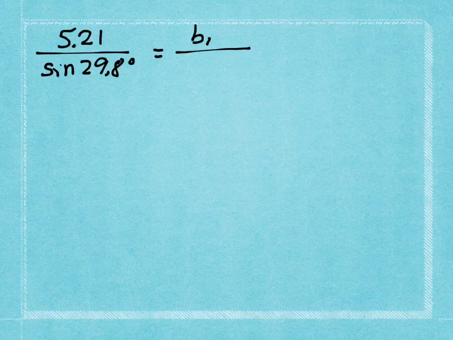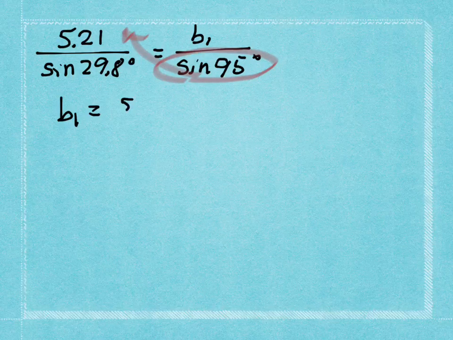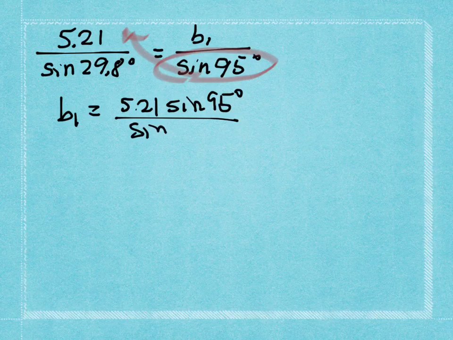What was my angle B1? 95 degrees. So I've got sine of 95 degrees in this denominator. I can multiply this to the other side. So B1 is 5.21 times sine of 95 degrees over sine of 29.8 degrees.